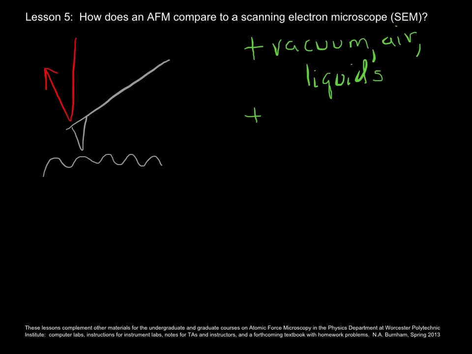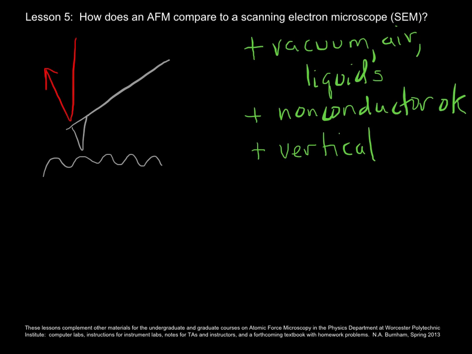The sample can be a non-conductor, or can be a conductor, a semiconductor, as you will. And whereas in SEM, the image that you get is just the electrons that come out, in AFM, it's possible to get an accurate vertical measurement.